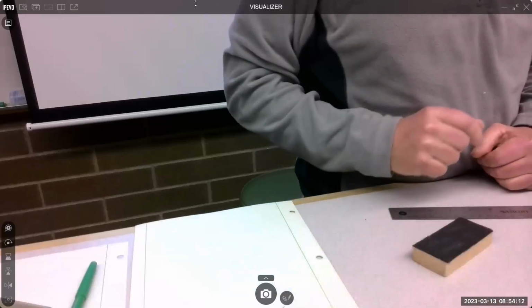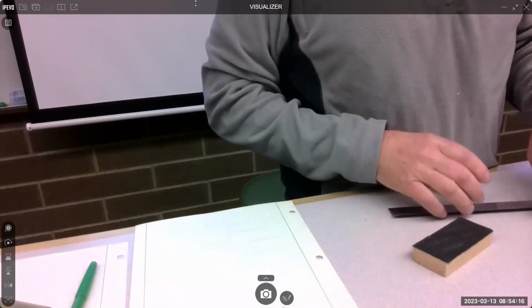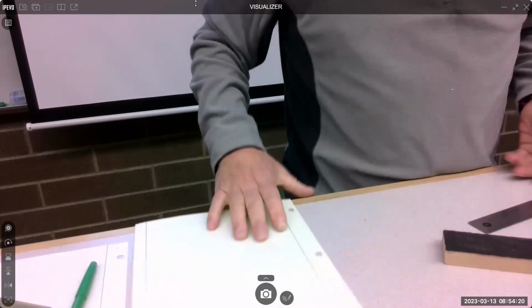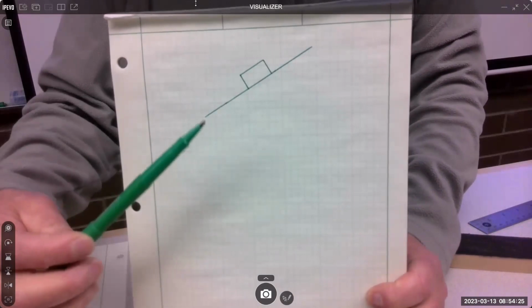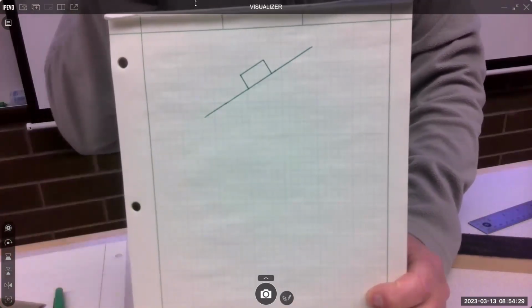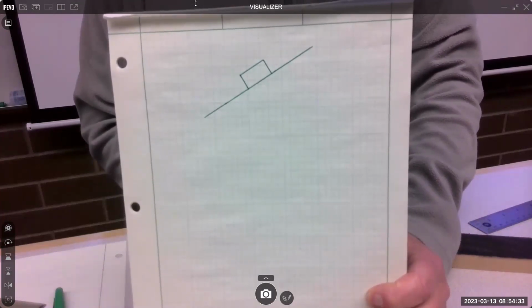All right. So the next method is called the angle of repose method. What we have to understand is that in a statics problem, if you have a block on a surface, that block is going to slide at some point as the angle gets great enough.